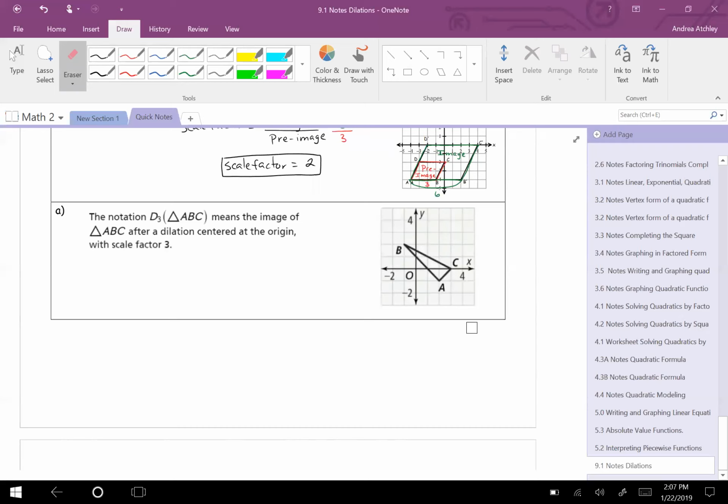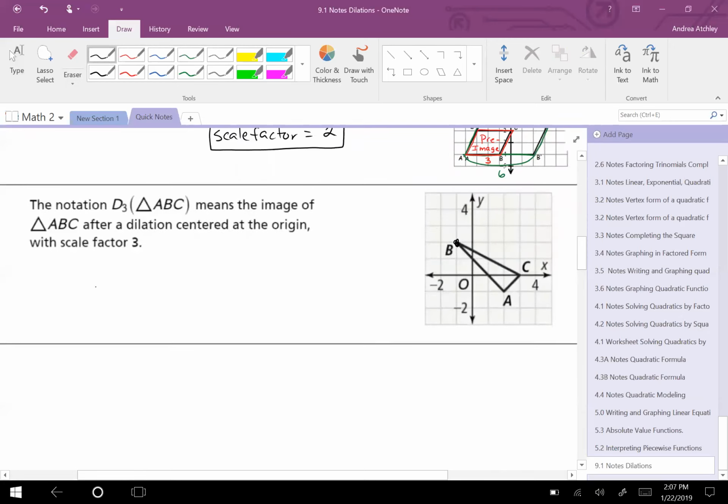I want this figure to increase by 3. So in order to do that, we want to increase the distance each point is from the origin by 3. Okay. So let's start. We're going to label all these points and come up with the ordered pairs.